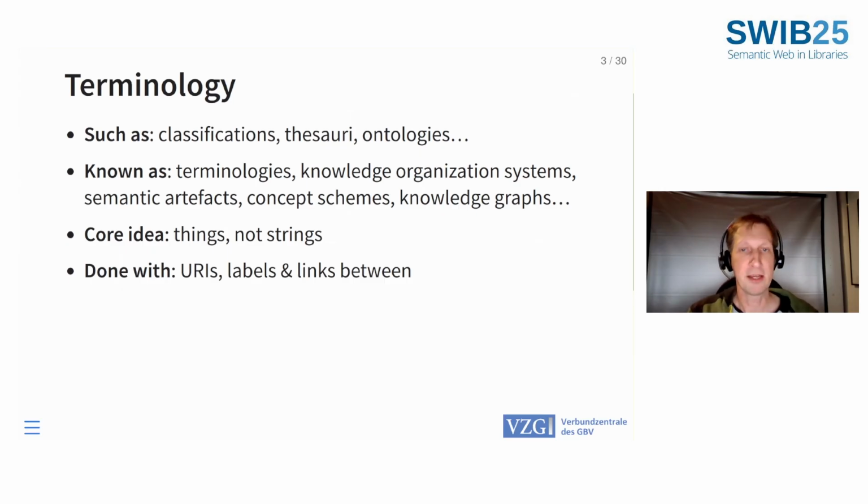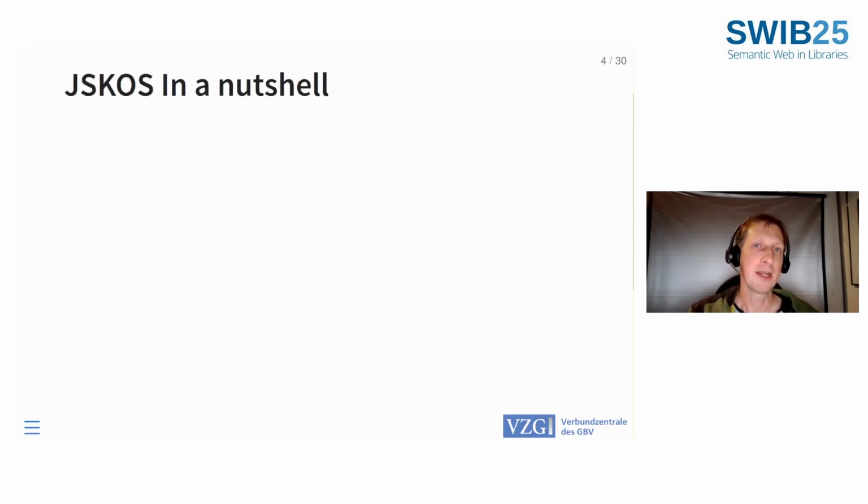We have URIs, and only URIs would be only one part of the game. Full terminologies also have labels, at least something to display for human beings, and there are links between these entities, and that's all that makes up a terminology. In practice, we have a lot of different kinds of links and properties and so on. And all of these we wanted to encode in a data format.